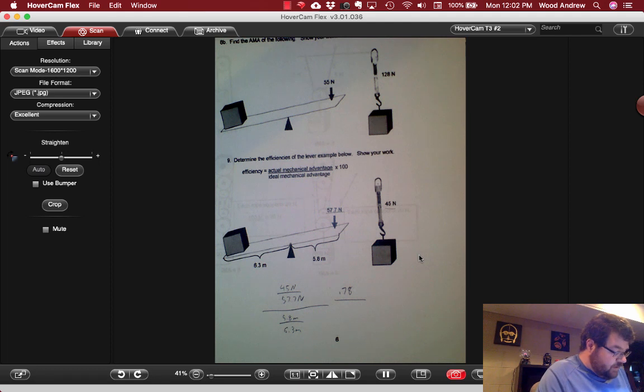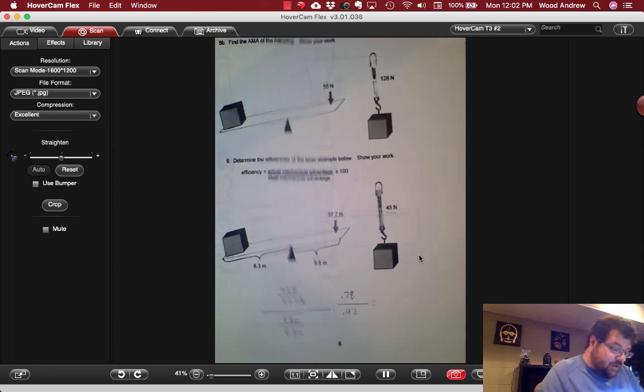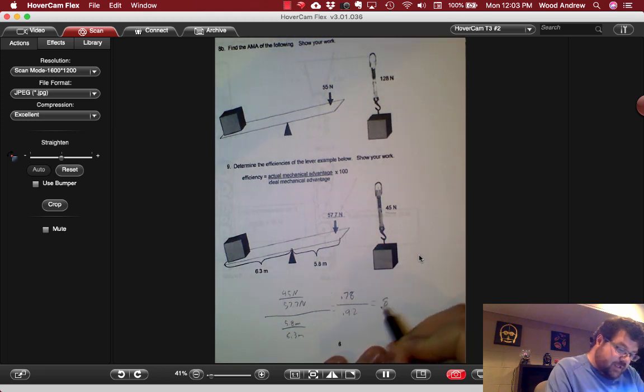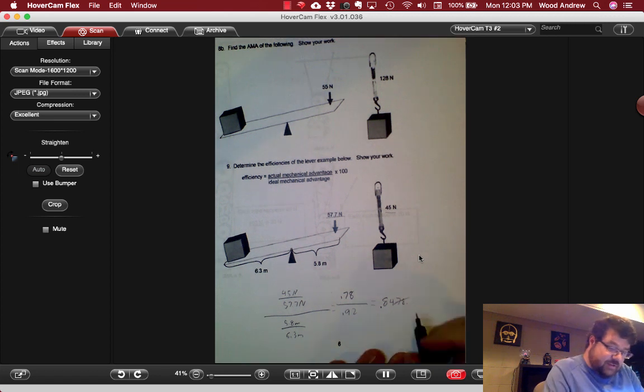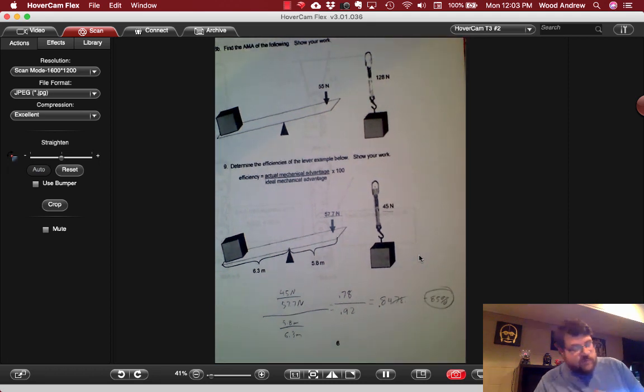And then 5.8 divided by 6.3 is 0.92. Calculate that out. 0.78 divided by 0.92 is 0.8478, and so on. Significant digits, times 100, 85% efficient.